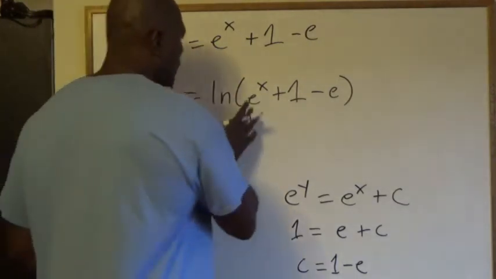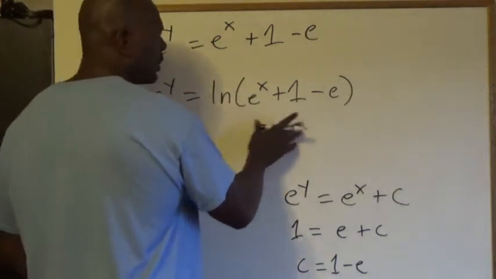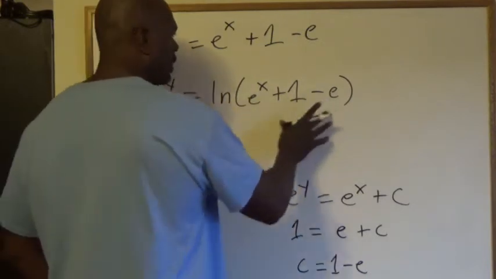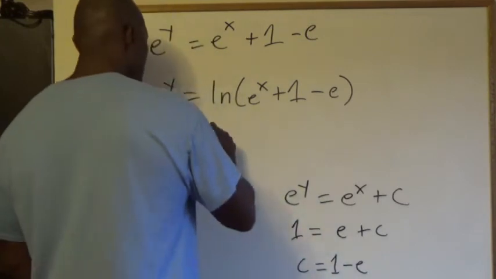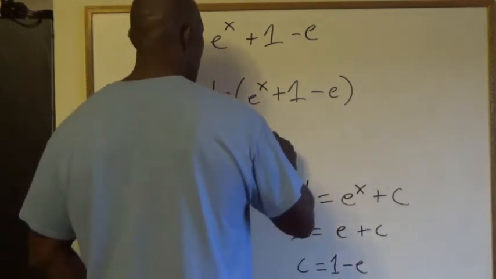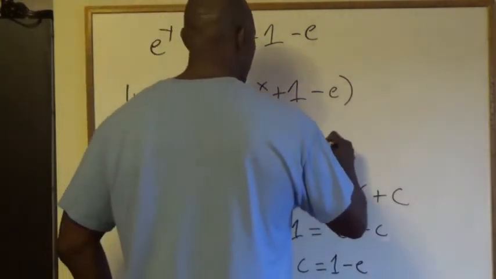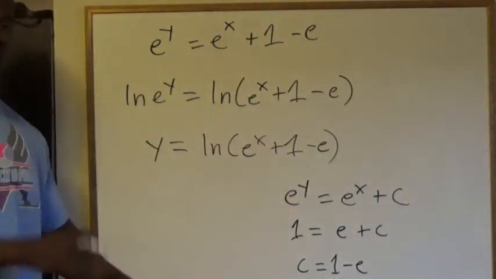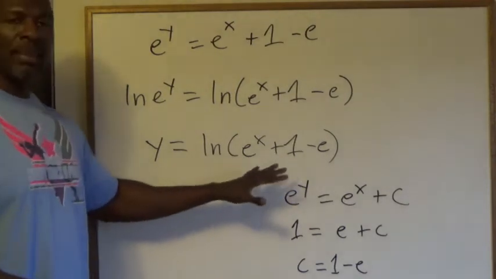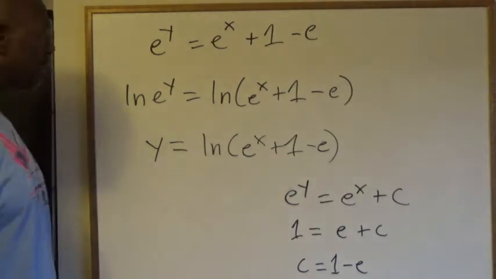When you take the natural log of a sum or difference, you have to just keep them together like this. Nothing nice happens to this. Even if you wanted to, there's really nothing that can happen to this. It's just going to stay the way it is.